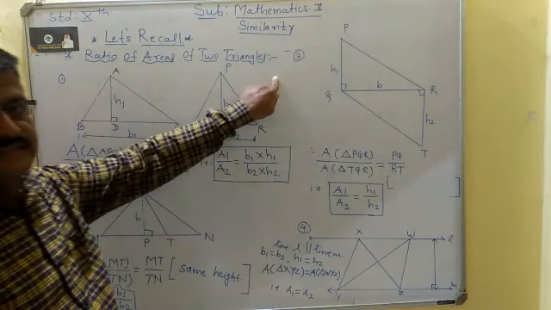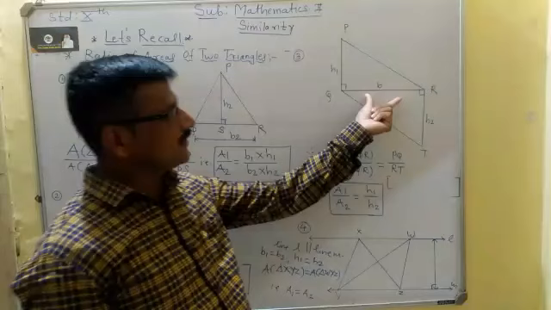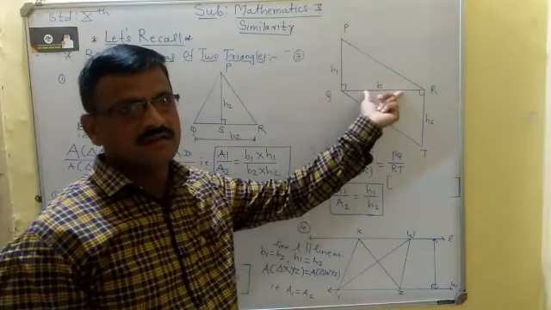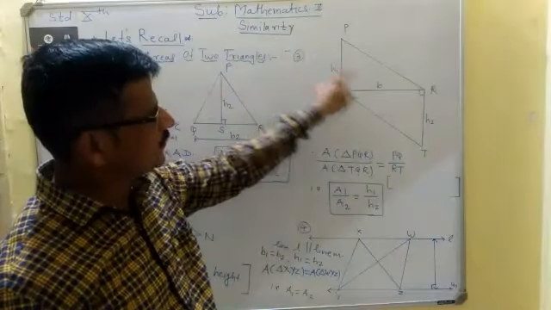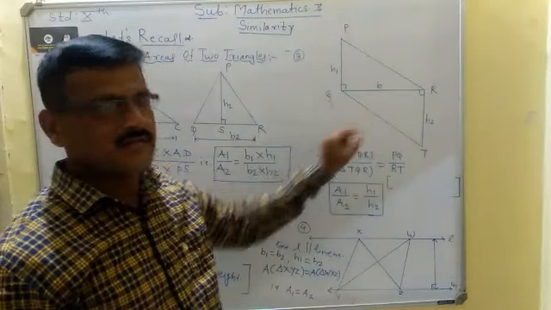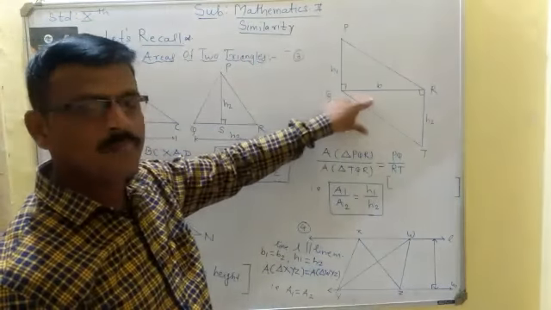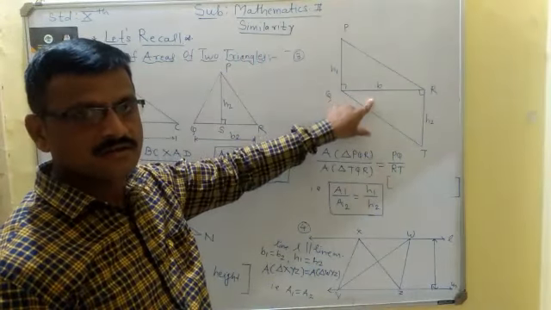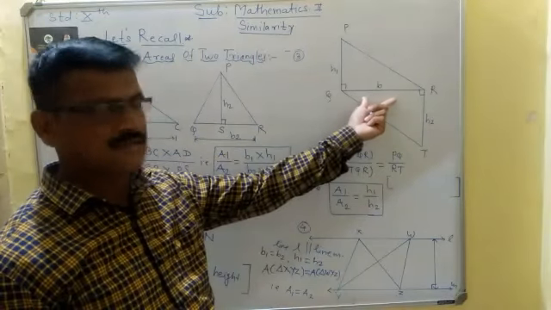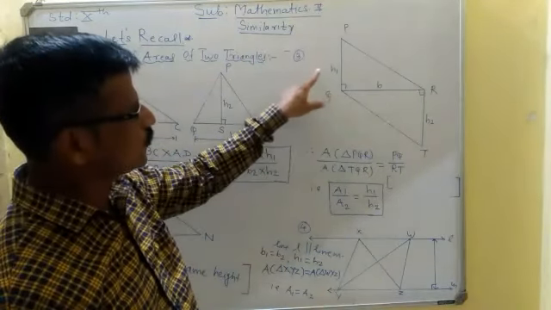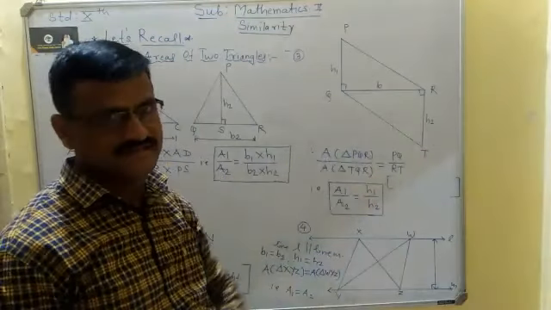The third property: for triangles having a common base, the ratio depends upon their heights. That means the ratio of areas of triangles with a common base is equal to the ratio of their corresponding heights.